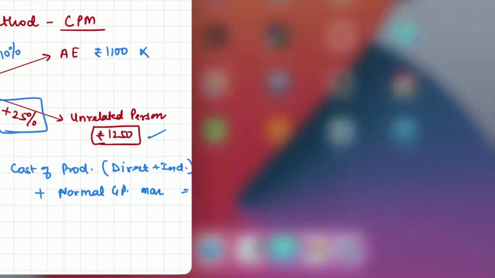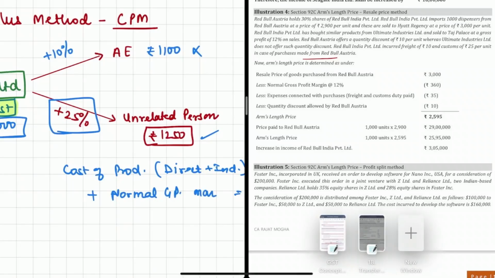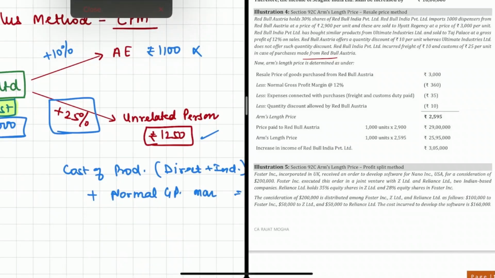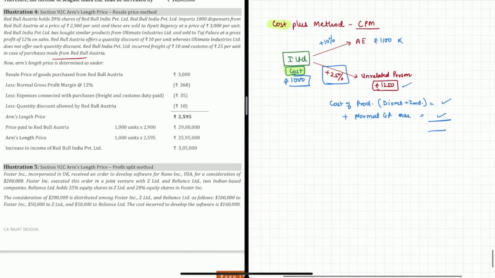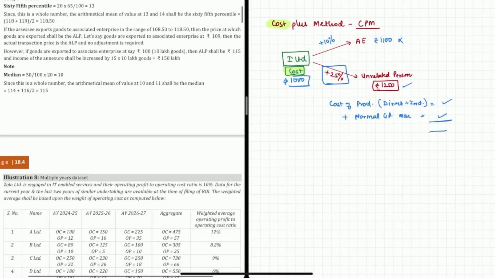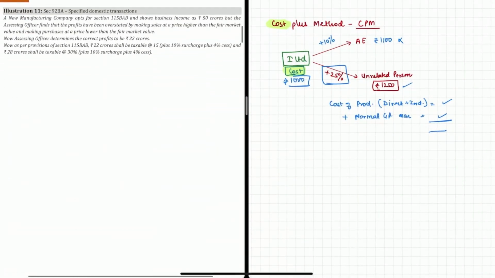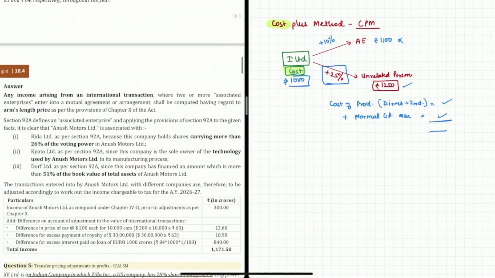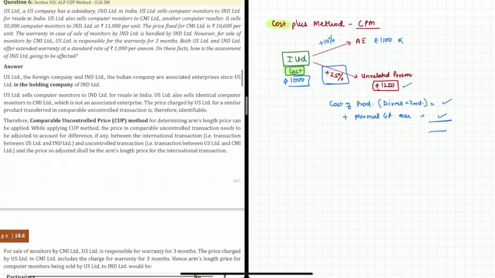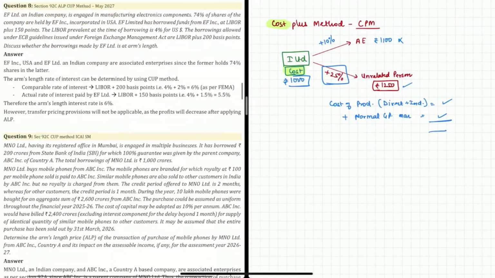I'll show you one of the questions from the question bank. Give me a moment. I think it is question 10 or 11 in the question bank.